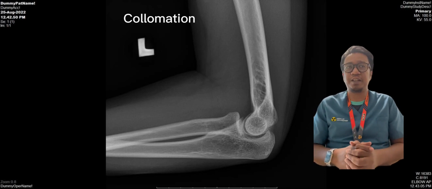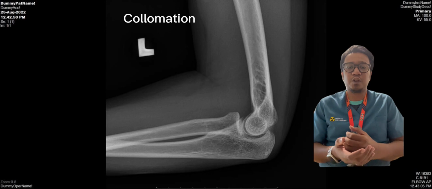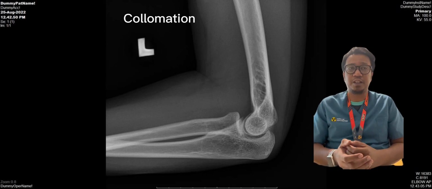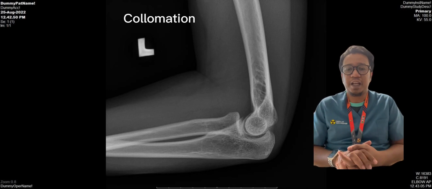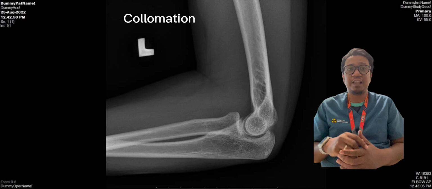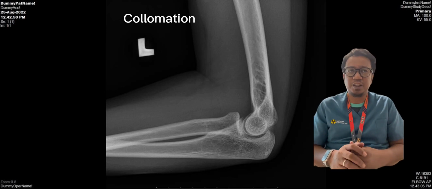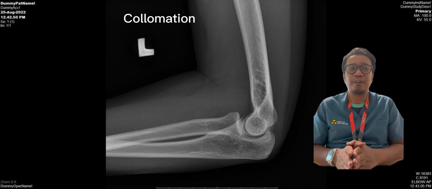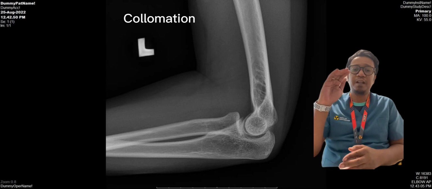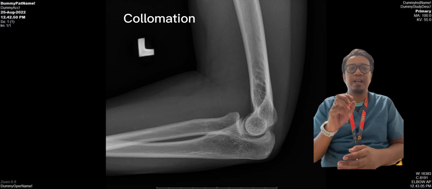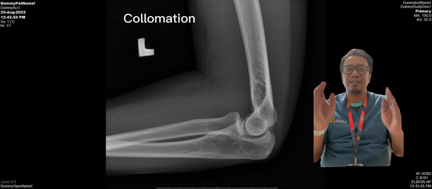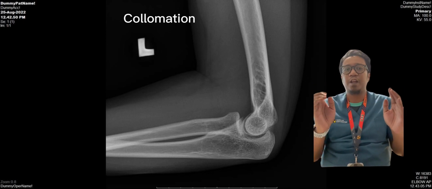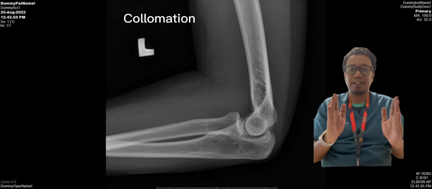C is for collimation, and also includes radiation protection. Collimation should be done to all 4 borders of the film. At the superior border, the structure that should be included is 1/3 of the humerus. At both lateral borders of the collimation, it should include the skin margin of the humerus and 1/3 of the radius ulna.